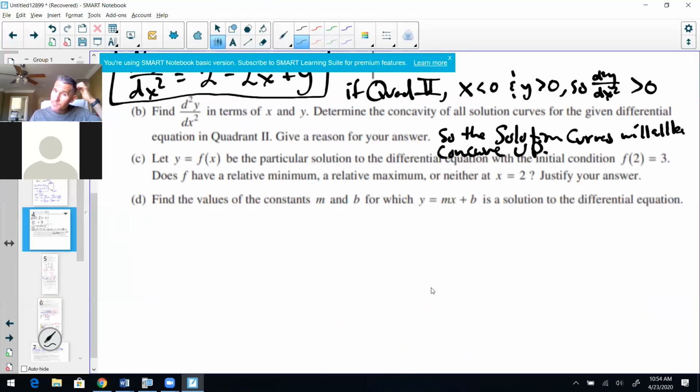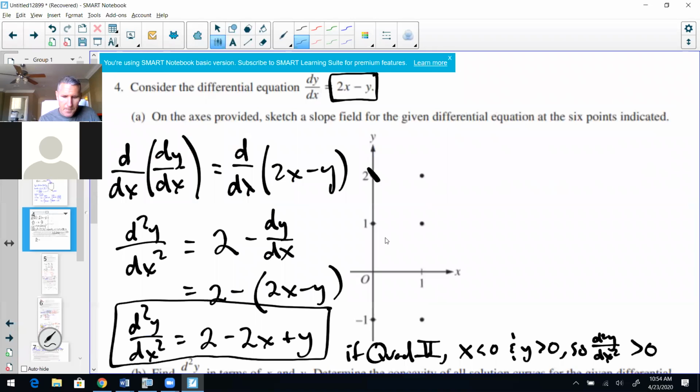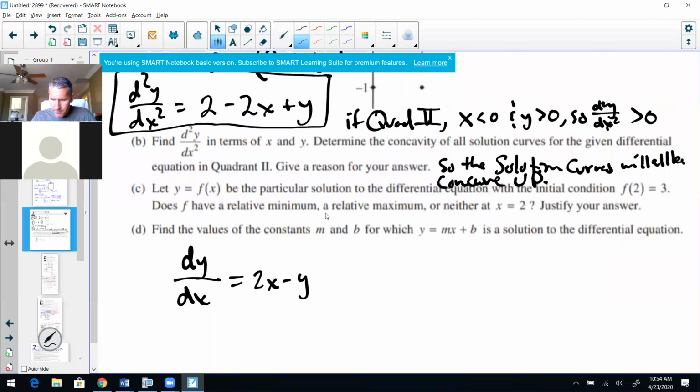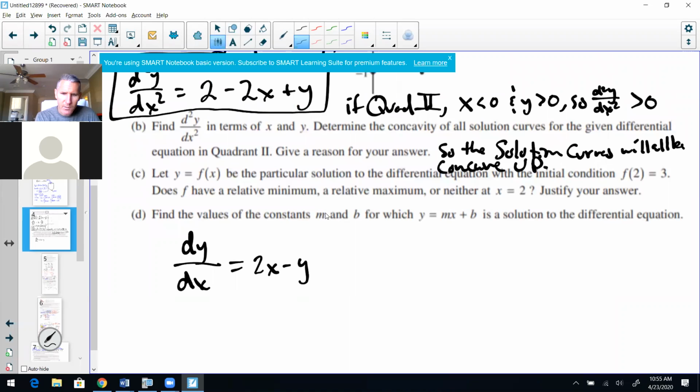Okay, so remember the differential equation was equal to 2x minus y. So the solution, y equals mx plus b.